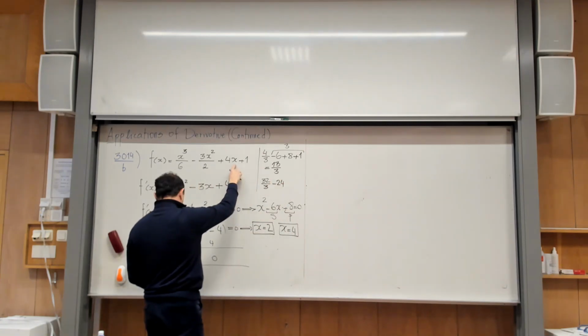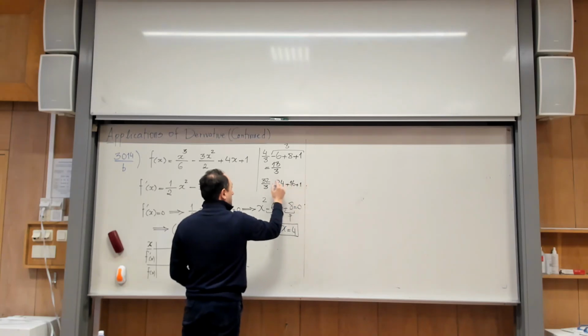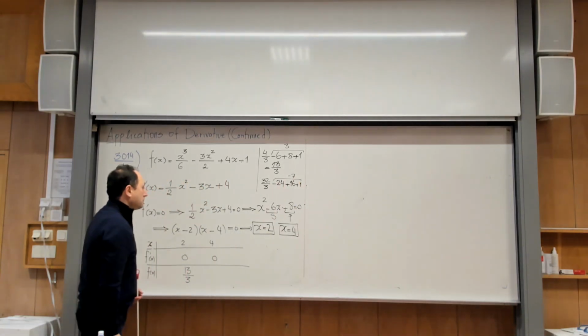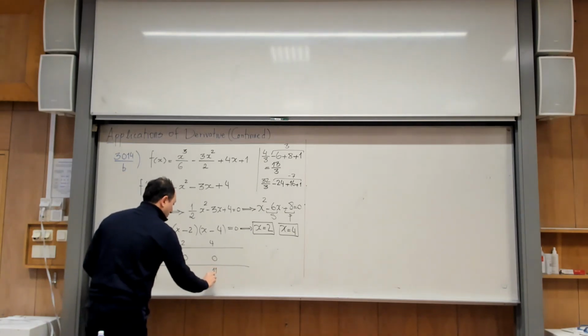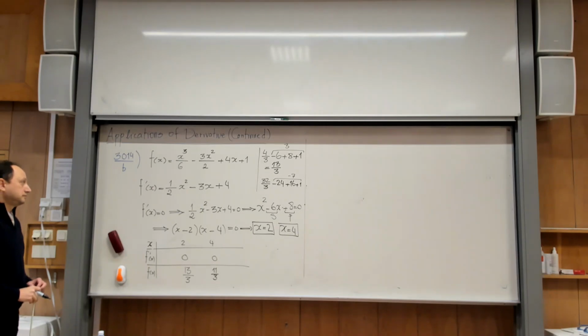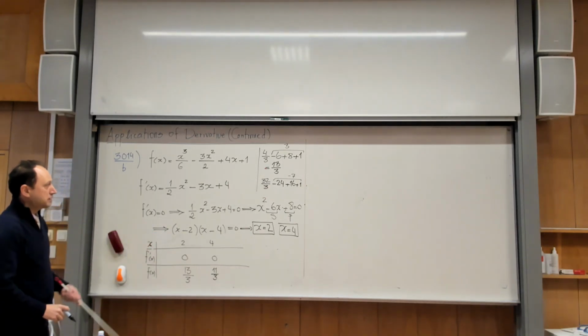I put 3 here, 4 here is 16, and then 1. And this time, what is the answer? It's minus 7, and then it becomes 11 over 3. So you see, don't let this distract you. These are just simple arithmetic calculations.